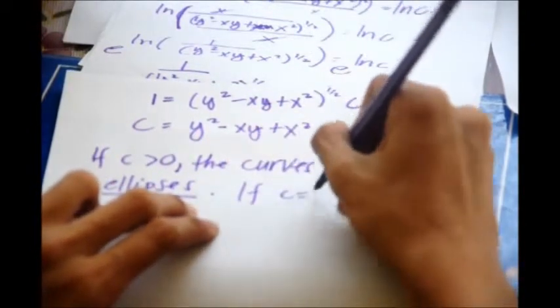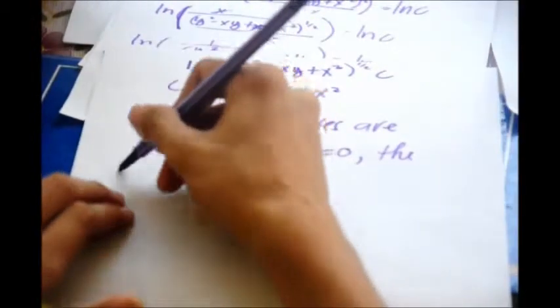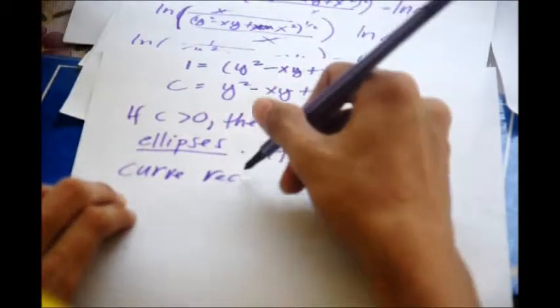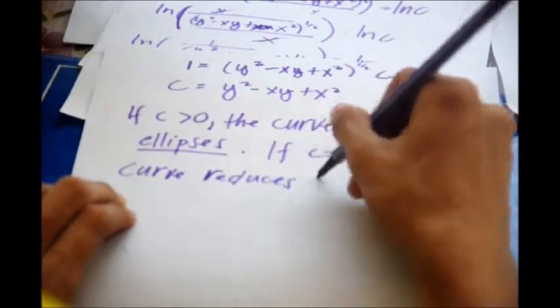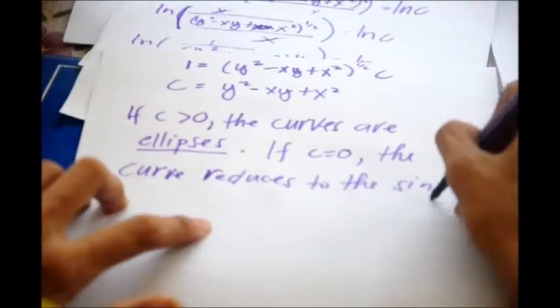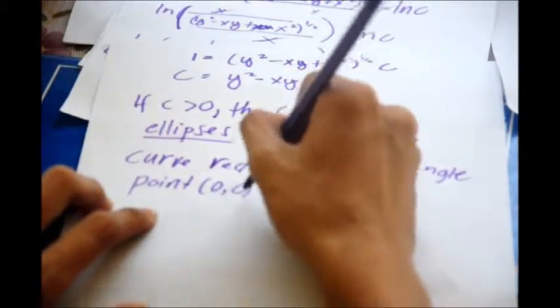If c equals 0, the curve reduces to the single point (0, 0).